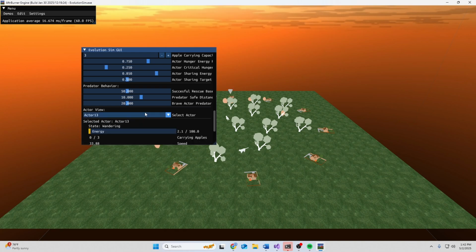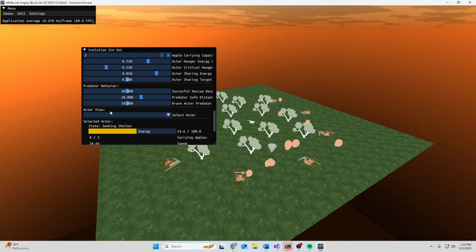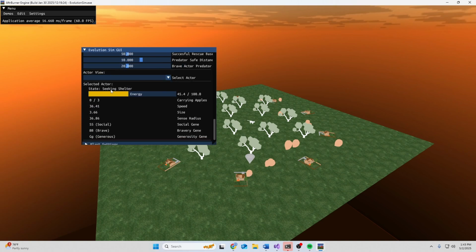You just pick one here. Oh, it's hard to tell which one we're looking at. Here we go. So this actor, you can see that it is seeking shelter. You can see its energy, how many apples it's carrying, all of its stats, all of its genes.